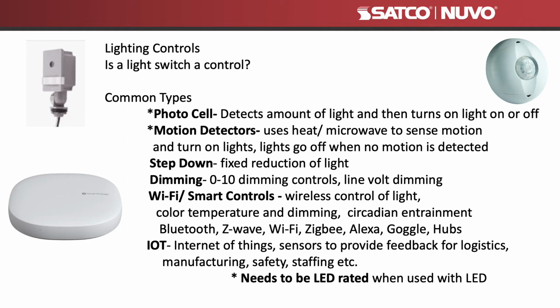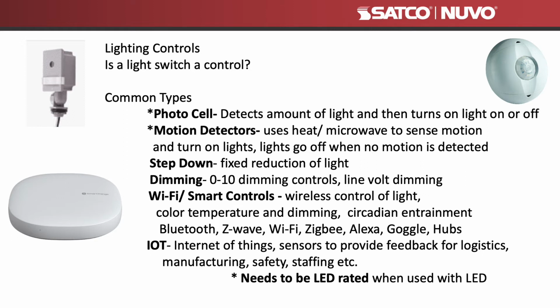Wi-Fi or smart control. Here, you can customize what you want lights to do based upon time of day and/or other sensors, color temperature, dimming, circadian lighting, or the ability to use light to help people have a more restful sleep.